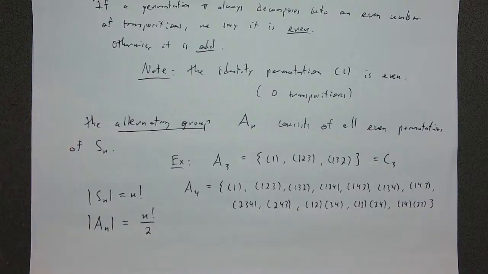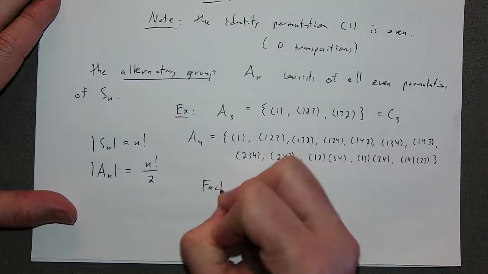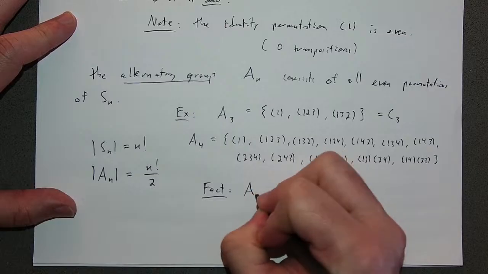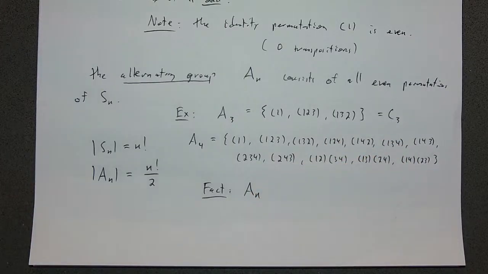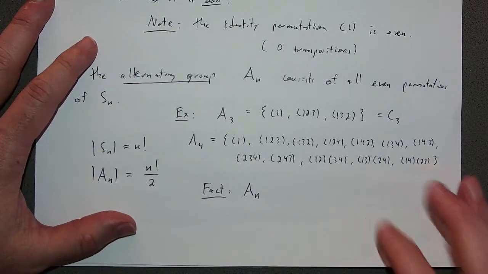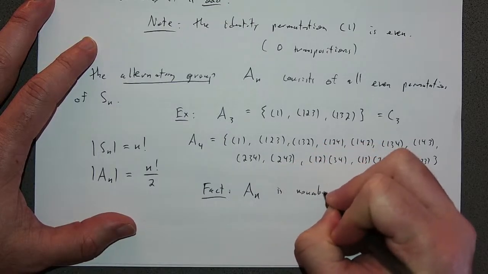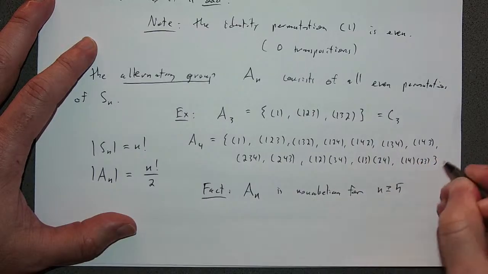So here's the size of our alternating group. Here is a fact. This might seem to have nothing to do with anything, but actually, it is related to some things that you wouldn't think it's related to, involving computing the roots of some polynomials. This is non-abelian for n greater than or equal to 5.